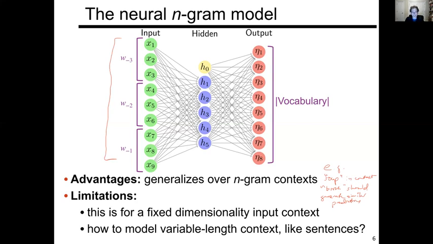And so in the next part, we're going to look at models that extend beyond this fixed dimensionality input and use a mechanism called recurrence to very flexibly attend to context that is potentially arbitrarily distant from the next upcoming word. And we'll continue with that in a moment.